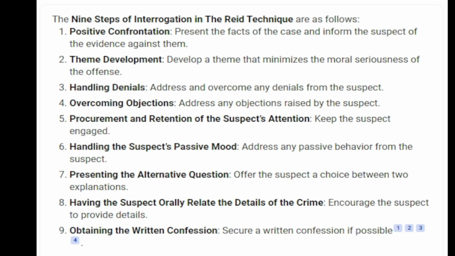Next is having the suspect orally relate to details of the crime. You give open-ended questioning to obtain details of the offense. Essentially, they're saying it's facts only the guilty could know.